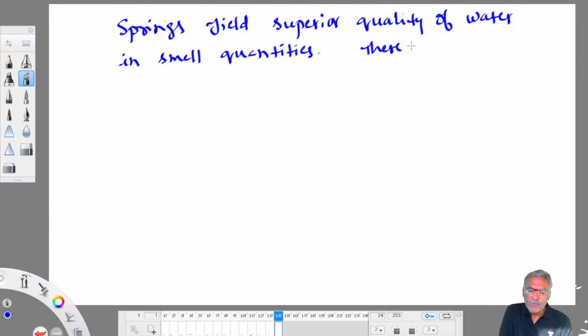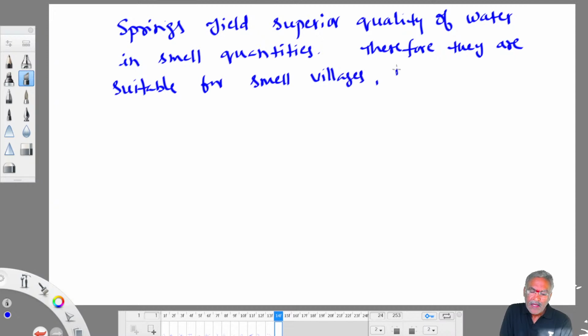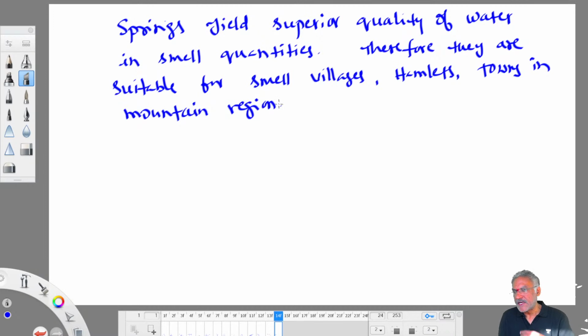Therefore, they are suitable only for small villages, hamlets, small towns in mountain region. That's all. This much idea is more than sufficient.